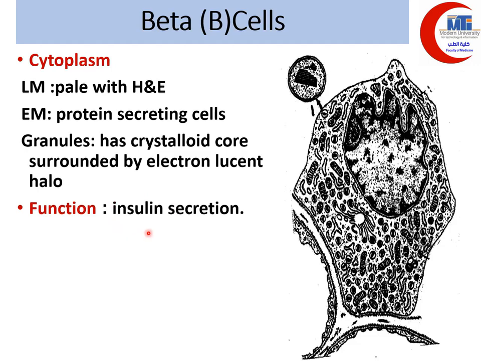Insulin is responsible for lowering blood glucose level. We mentioned before that alpha cells secrete glucagon, which increases blood sugar level, but insulin lowers blood sugar level.